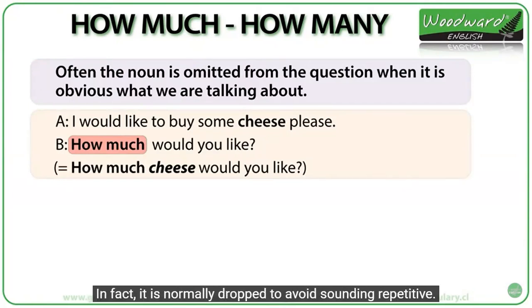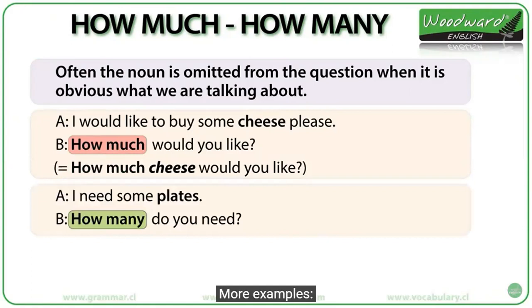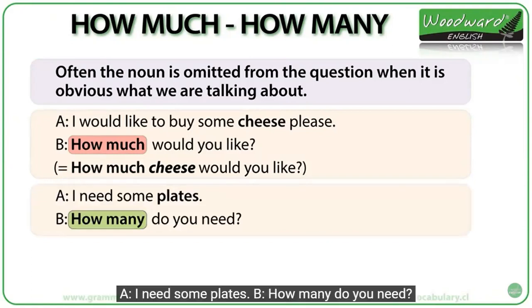In fact, it is normally dropped to avoid sounding repetitive. More examples. I need some plates. How many do you need? How many refers to how many plates. We use how many because plates is a countable noun.